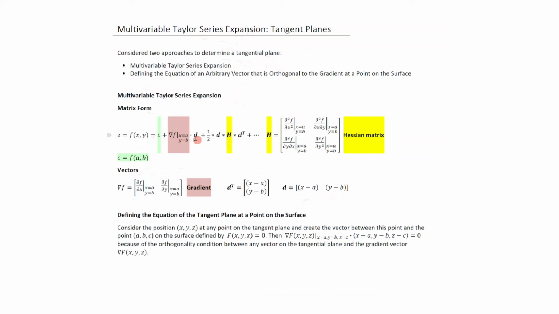That's the gradient vector. This would be evaluated at the position of interest. And then we are left with the second order term, which we wrote in this form. This is d, again, this vector. So this would be in row form, and this would be in column form. And this was a matrix, which we called the Hessian matrix.